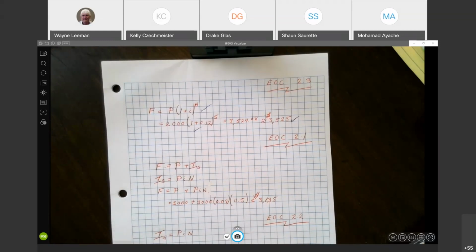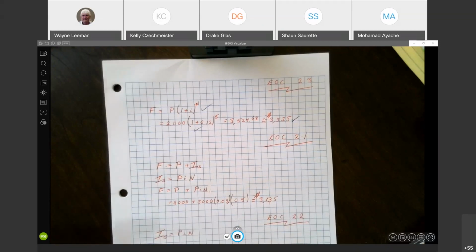In other words, the number of periods involved. But we want to solve for what in this case? It says, what is the principal amount? We want to solve for P.